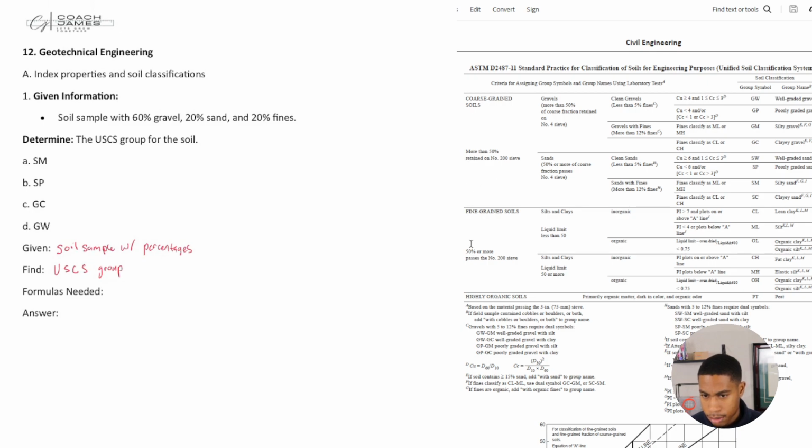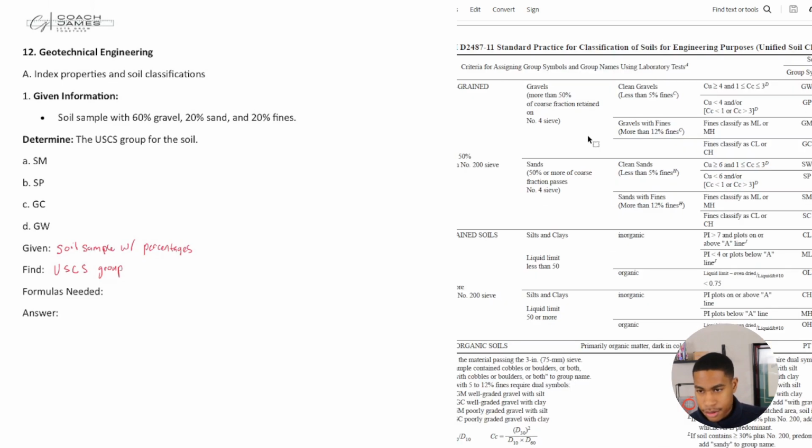So based on coarse grained and fine grained, it's more than 50% retained. So I know it's more coarse. If it was 50% passing, then I know it would be more sand or really fine material. So I know it's on this upper side.